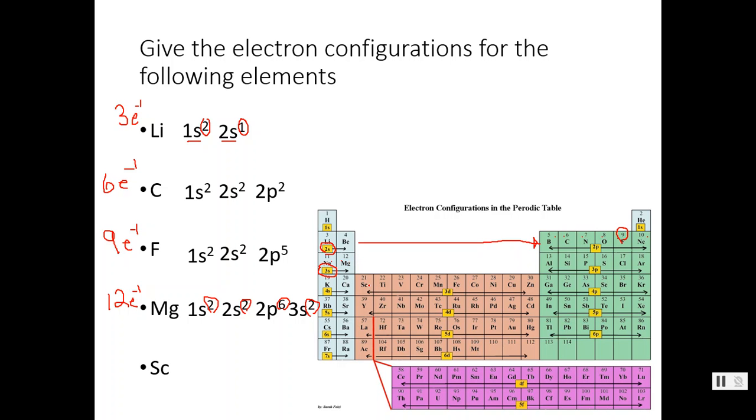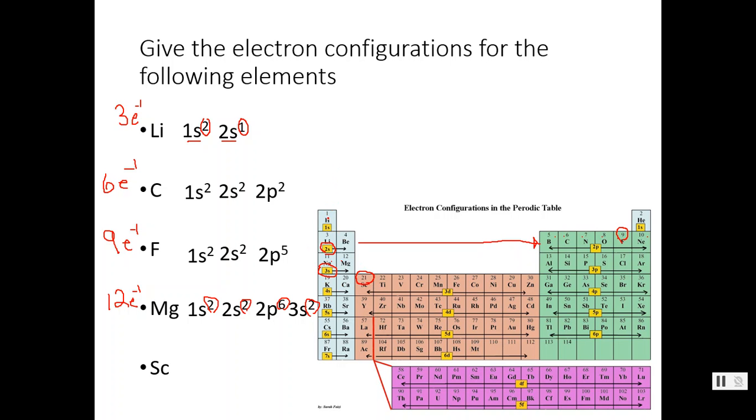Let's end this video with doing the electron configuration for Sc, scandium. Atomic number 21. So that means we have to place 21 electrons in orbitals to get the electron configuration for that element. So our wrist is going to get a little tired, but we can do it. We've got to start at the very beginning again, though, because we have to place 21 electrons.